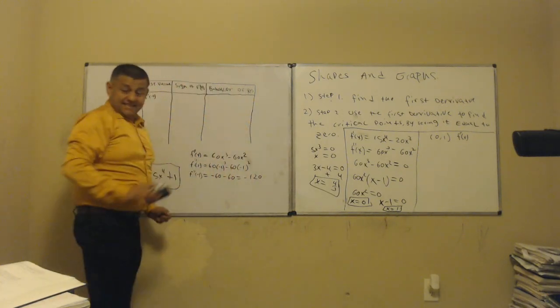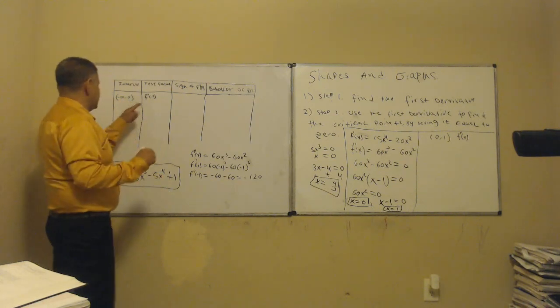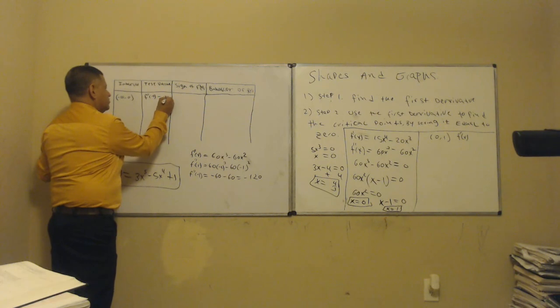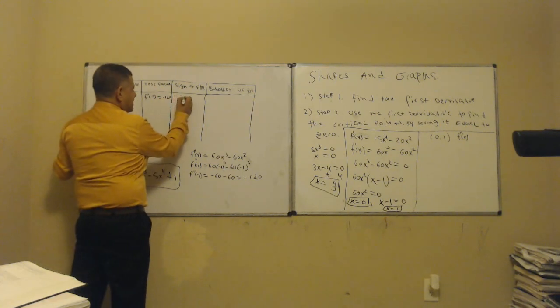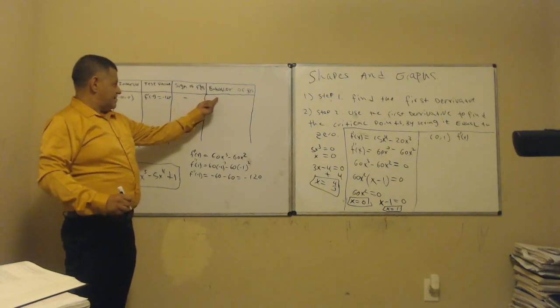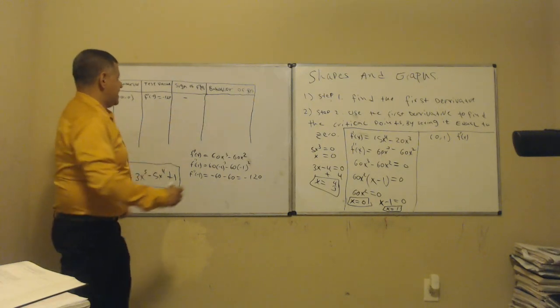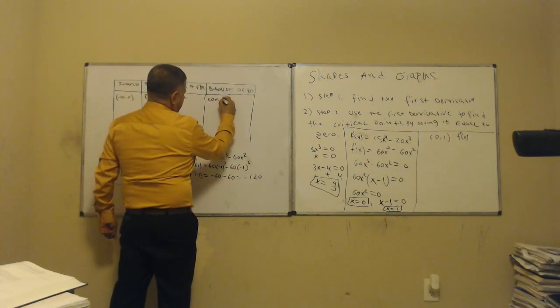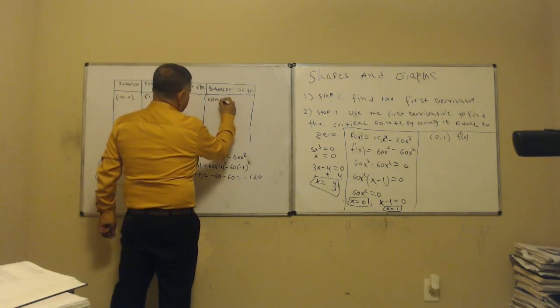So, in this case, because this guy is negative 120, the sign of this is negative. The behavior is concave down.